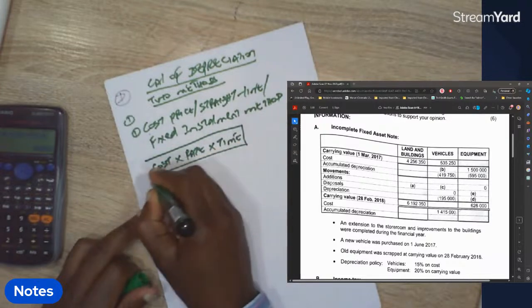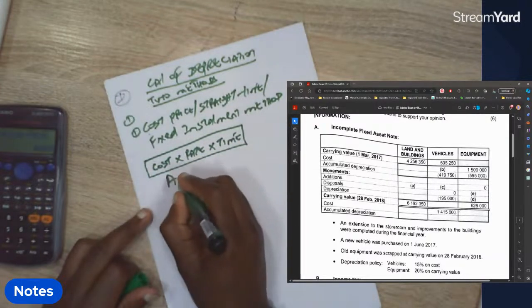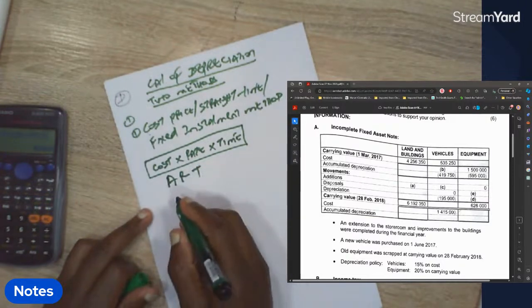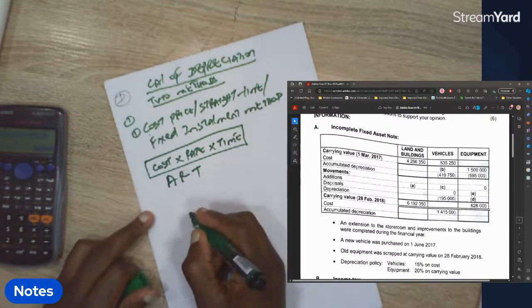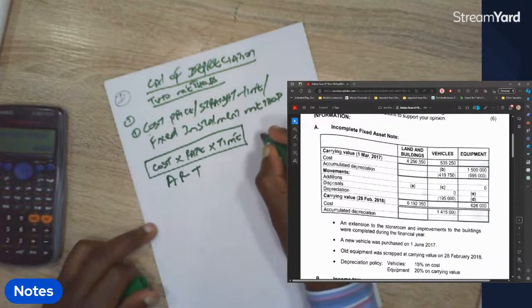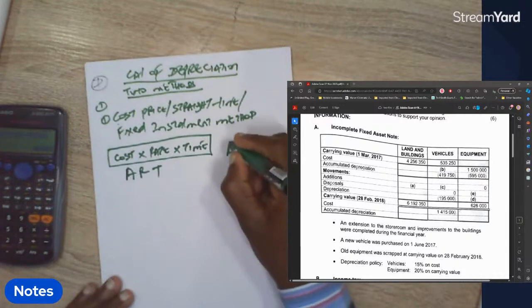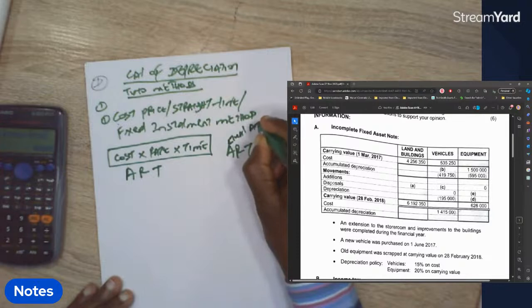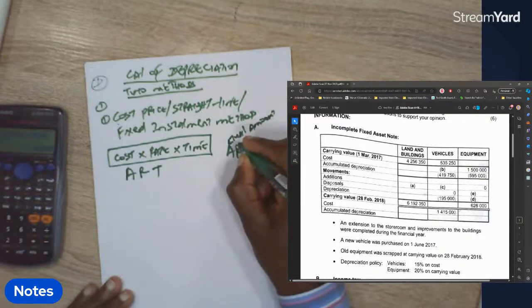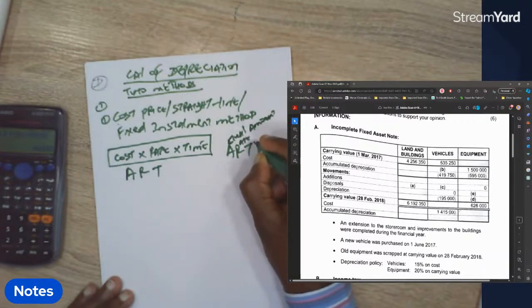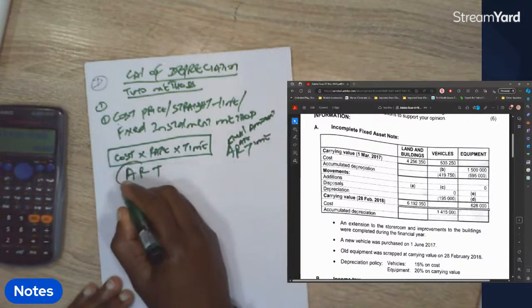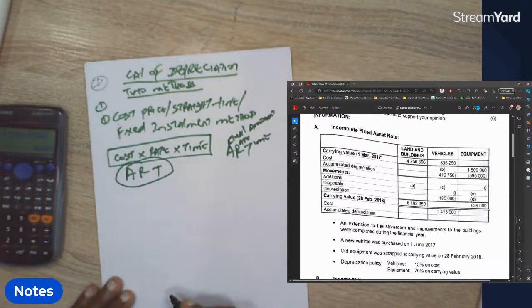This is how we normally call this ART: actual amount, rate, and time, right? This is the actual amount, this is the rate, the percentage, as well as time. So this is the cost.